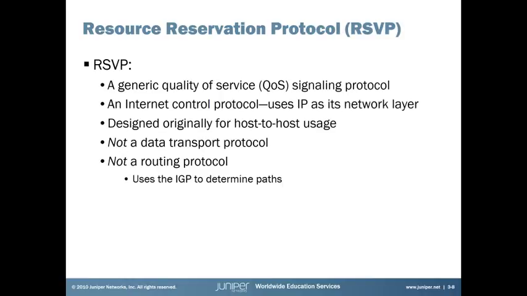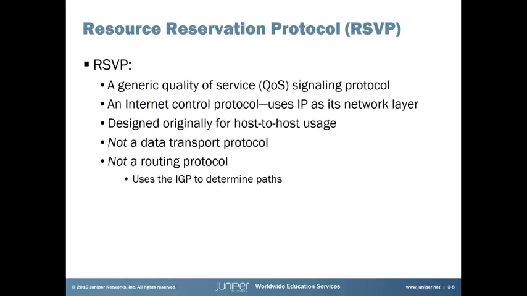Okay, so let's look at RSVP. It's a generic quality of service signaling protocol. It's used for lots of other things besides MPLS. An Internet Control Protocol uses IP as its network layer, designed originally for host-to-host usage.